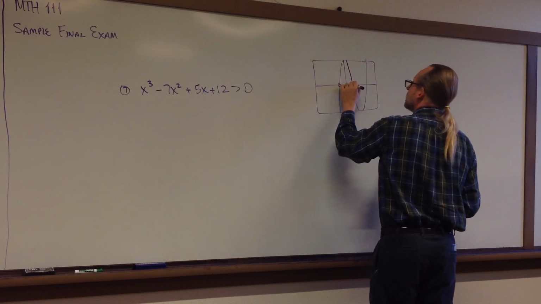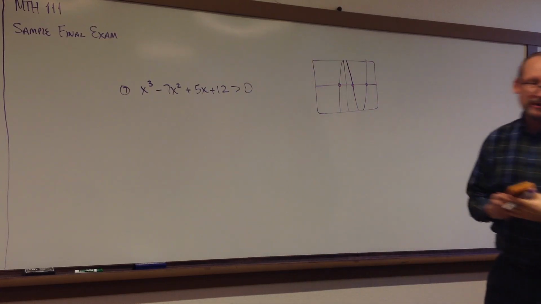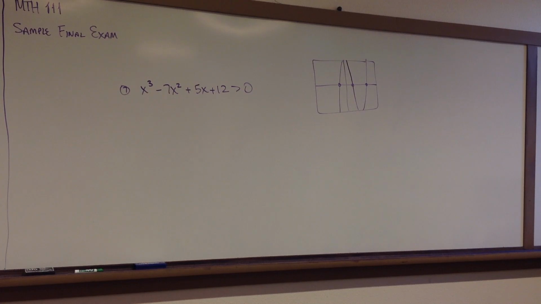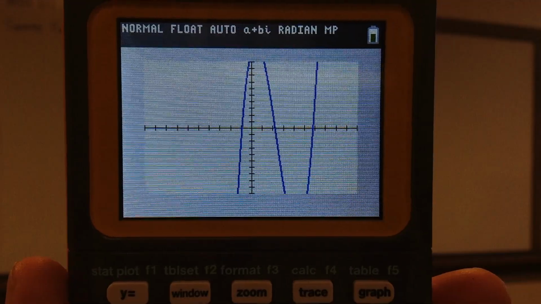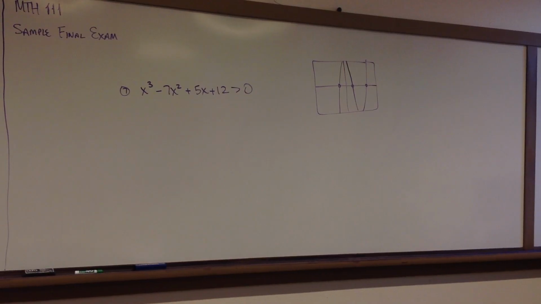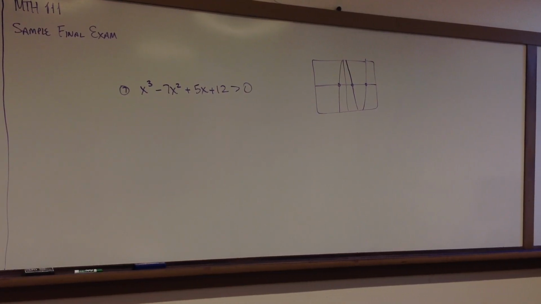So, we're interested in these 3 roots right here. Okay, so there's what we're working with. I'm going to go back up to the board so I can write down the roots as I find them.